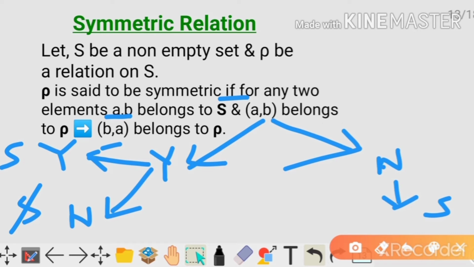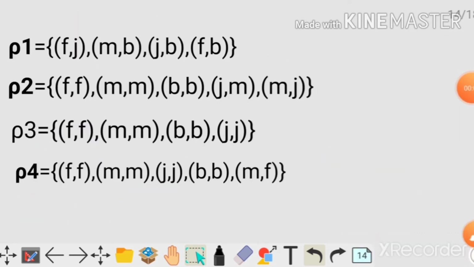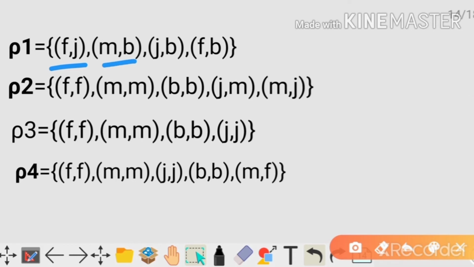Let's go to the example and make it clear. Now for rho 1, it contains FJ but not JF, MB but not BM, JB but not BJ, and FB but not BF. So it is not symmetric. For rho 2, there are 3 identical elements and there is no problem to the symmetry of identical elements.